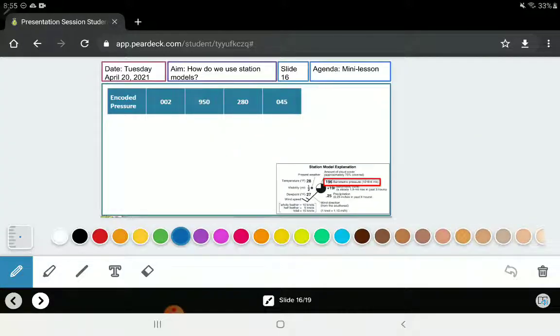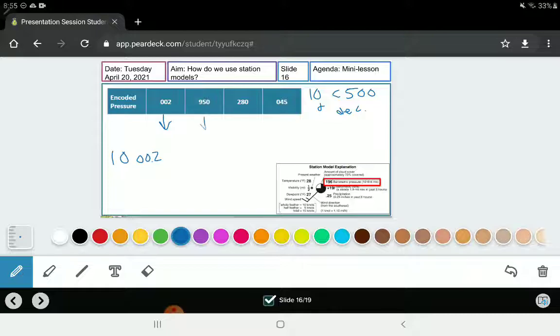So if this is our encoded air pressure, remember, if it's less than 500, you put a 10 in front and a decimal between the last two numbers. So this is 002. We're going to put a 10 in front and then put a period in between the last two numbers.